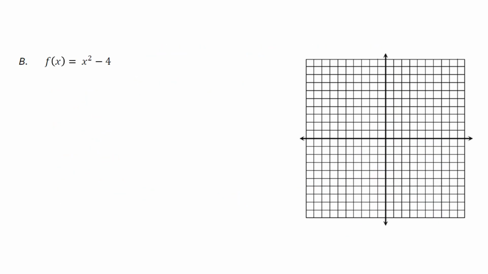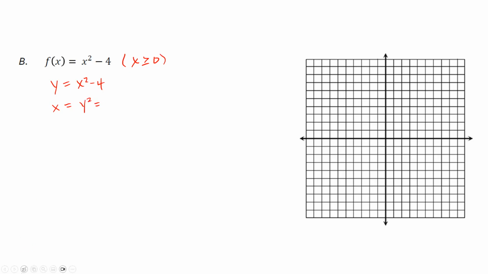All right, f of x equals x squared minus 4. And we're only going to take the values where x is greater than or equal to 0. Okay. Let's find the inverse function. So we'll replace f of x with y. Interchange x and y.